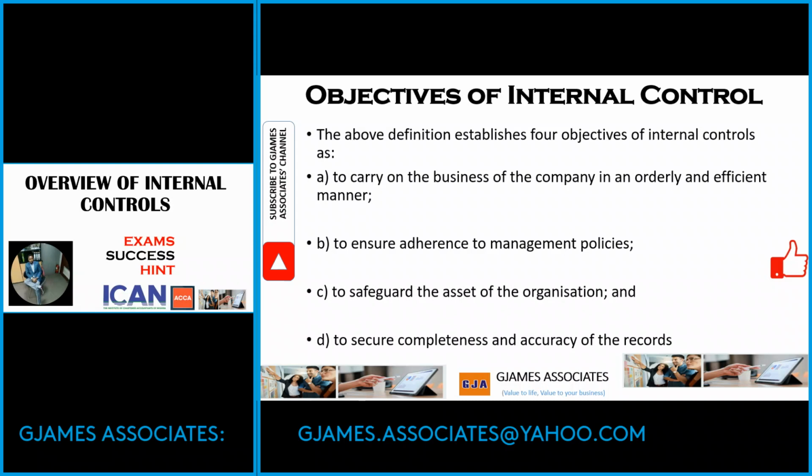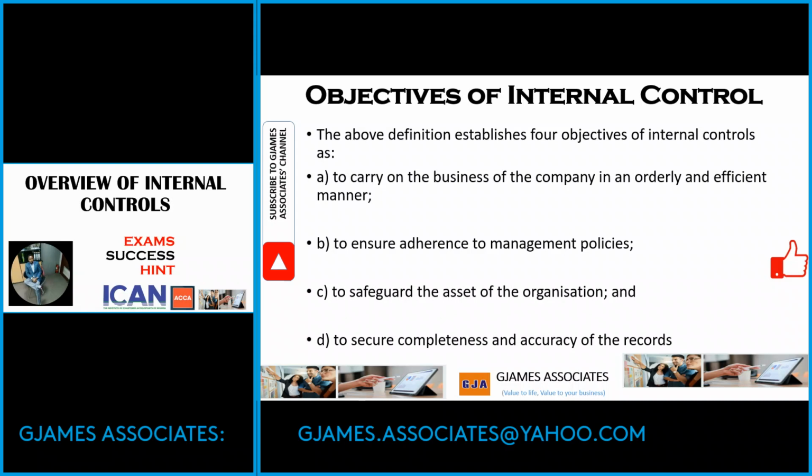Also, to ensure adherence to management policies, so we need to set and put internal controls and internal checks and balances in place to safeguard the assets of our organization, and last but not least, to secure completeness and accuracy of our records. That's touching on the reporting.